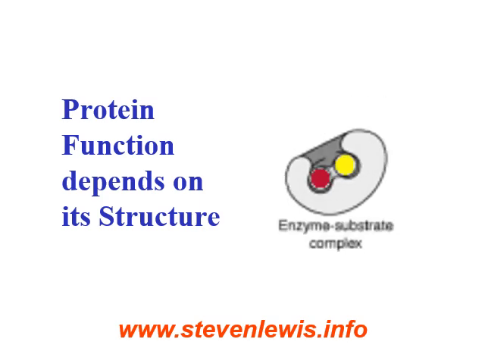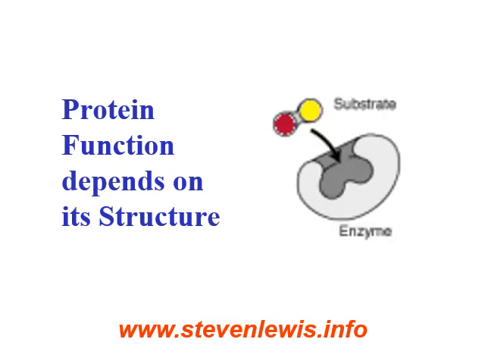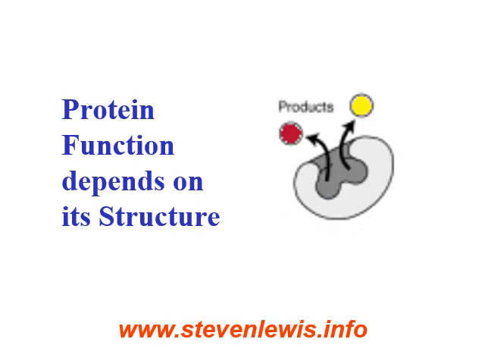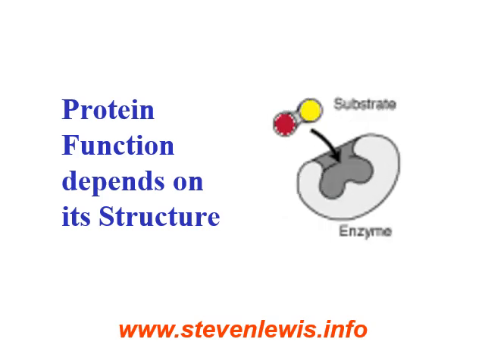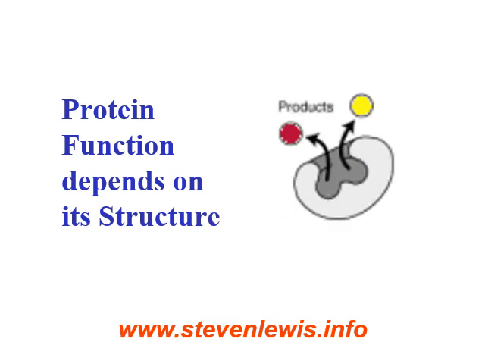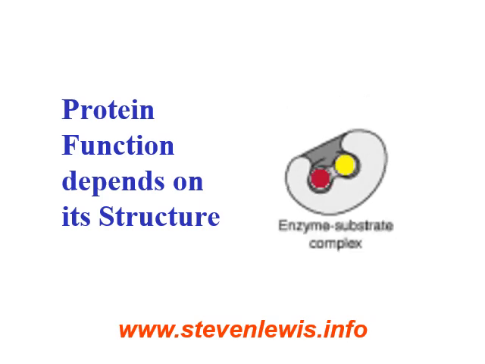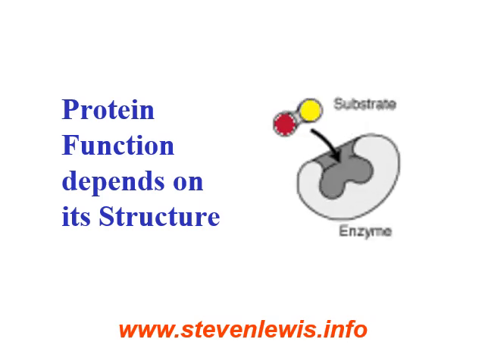Enzymes are proteins that act as agents of chemical change in the body. To perform their chemical feats, an enzyme must bind to its substrate. To bind its substrate, an enzyme must present a very specific surface to its environment.